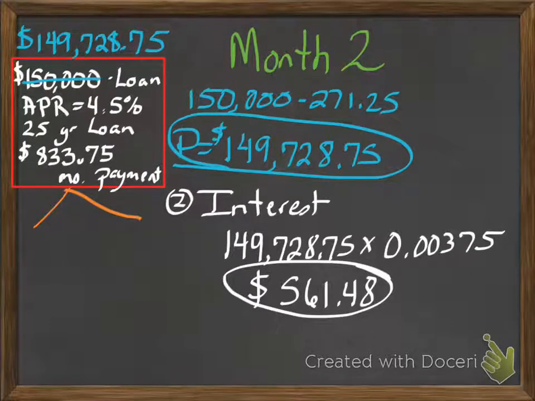Just like last time, our payment is split between interest and principal. How much is going towards principal? $272.27.